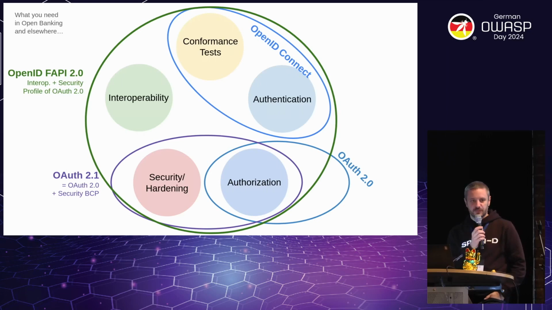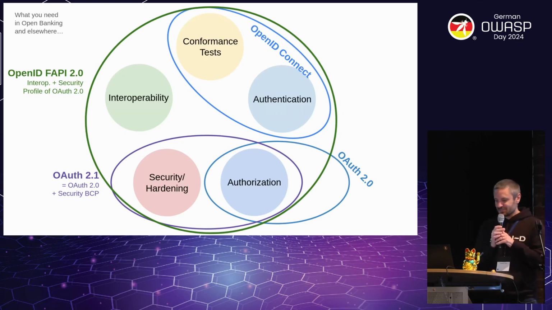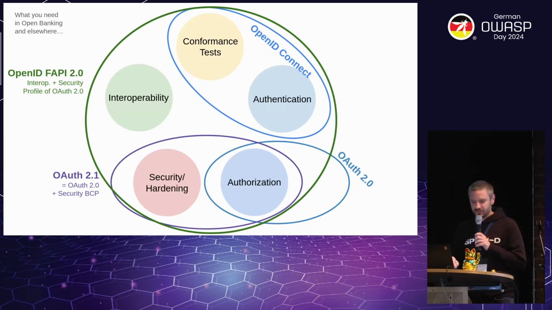This might be the slide you want to take a picture of. Some people told me that this really clarified the standardization space for them. So OpenID FAPI is a great thing because it covers all these things and it boils down all the many options that we have in OAuth to just a few. There are like 4 options in OAuth, in FAPI 2.